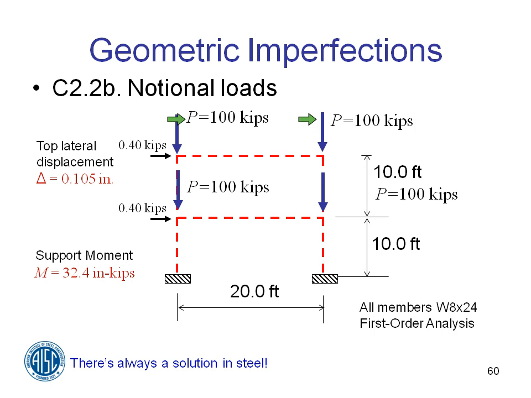That gives me a notional load of 0.4 at the top, and down at the lower level, again, it's 100 plus 100 times 0.002, so I get 0.4 again. And if I analyze this structure, I get the same moment at the bottom, 32.4 inch kips, and the same deflection, 0.105 inches. And so either way, you can model the structure out of plumb, or you can use the notional loads in the direct analysis method.